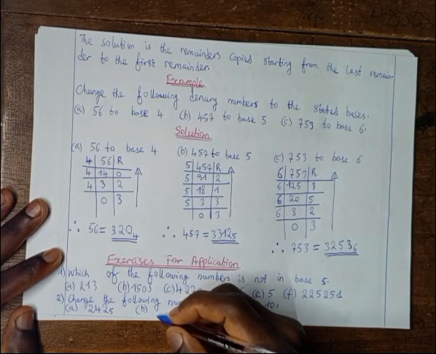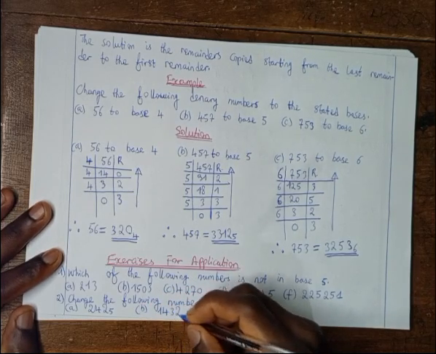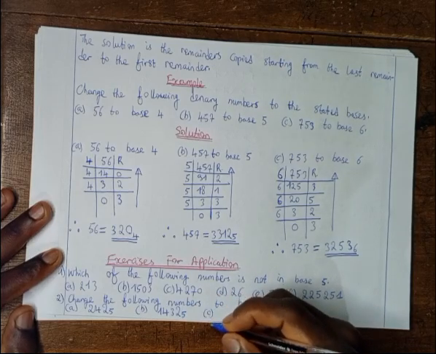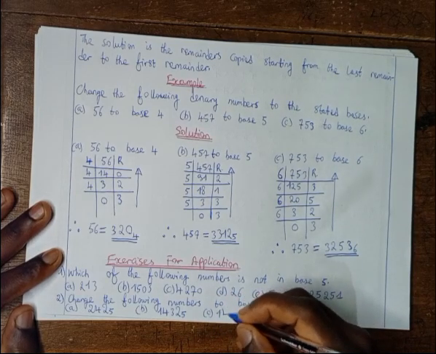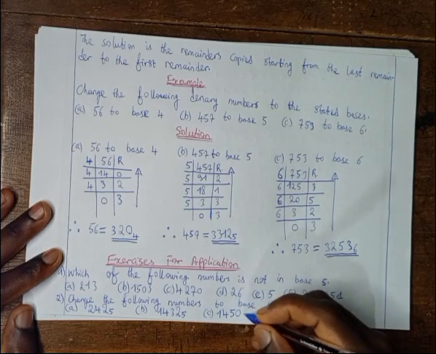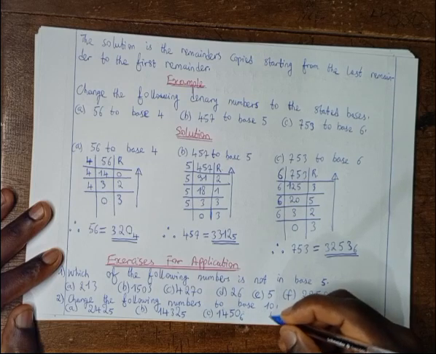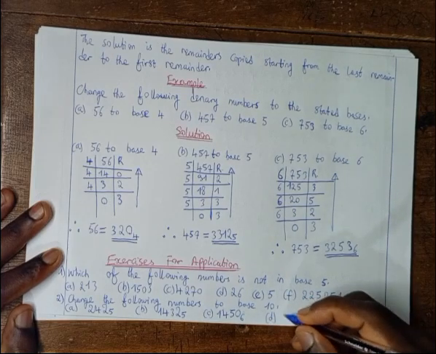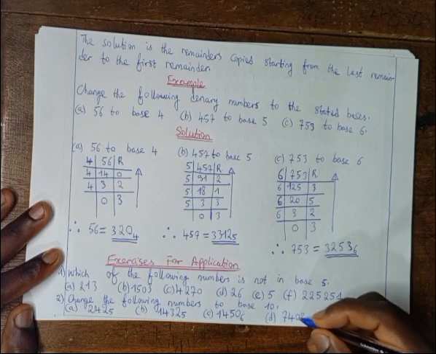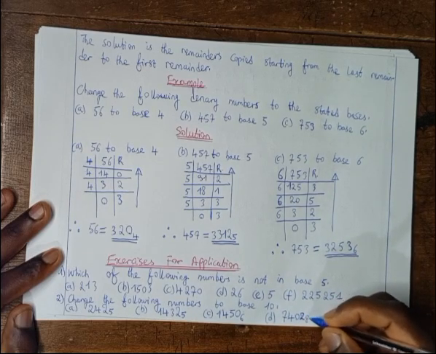B, we have the number 1432 in base 5. C, we have the number 1450 in base 6. And lastly, D, we have the number 7402 in base 8.